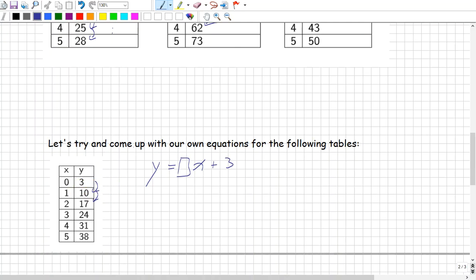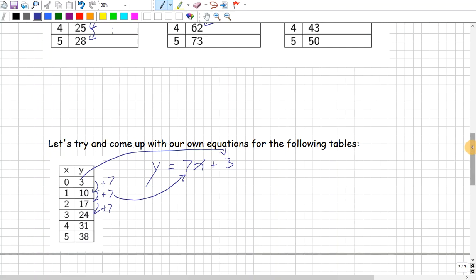It's going up by 7, so the value in front of x will be 7. So we finally come up with the equation y equals 7x plus 3. The 7 came from what it goes up by, and the 3 comes from when x is equal to 0.